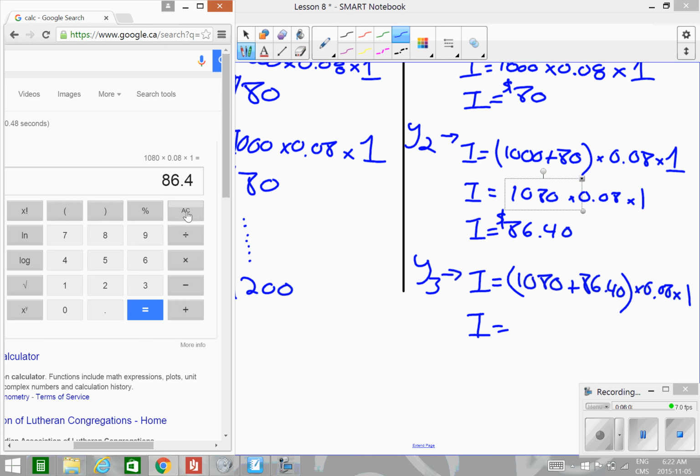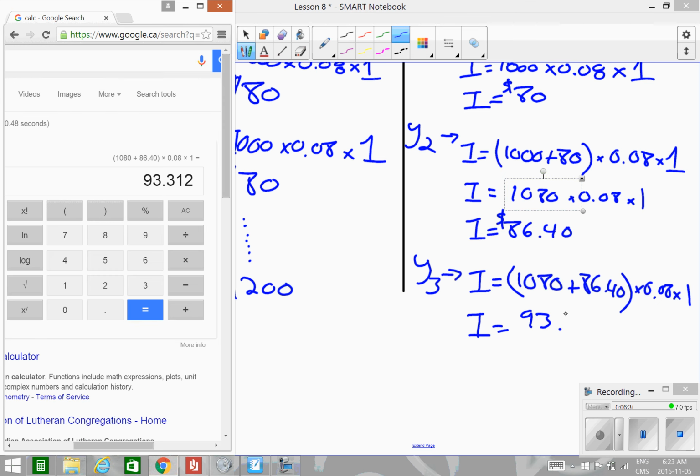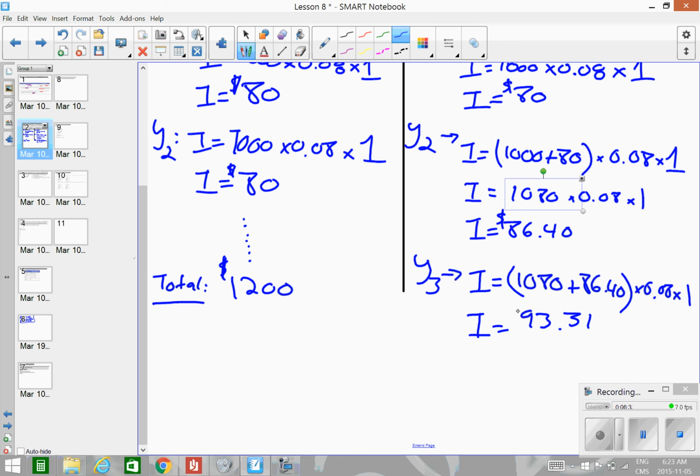I'm just going to use some brackets this time. 1080 plus 86.40 close bracket times 0.08 times 1. Oh, this year, $93 and 31 cents. So you can see already that compound interest is creating bigger numbers.